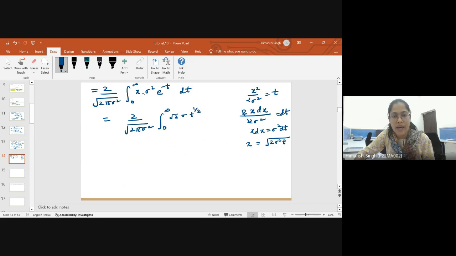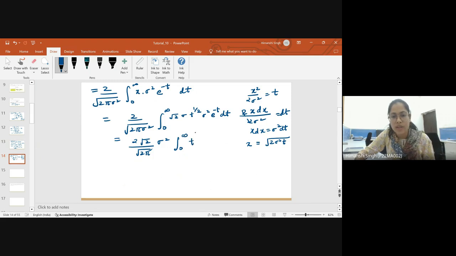And here already I have this sigma square, so this will be sigma square e to the power minus t dt. So I will be having sigma cube here, and in the denominator we have 1 sigma. So this is 2 root 2 divided by under root 2 pi. This sigma will get cancelled and there will be sigma square here, and integral 0 to infinite t.